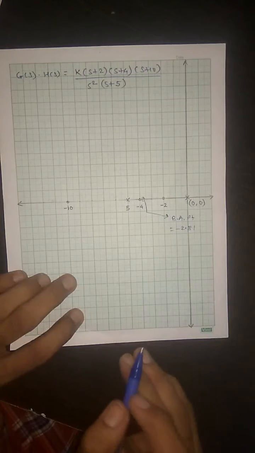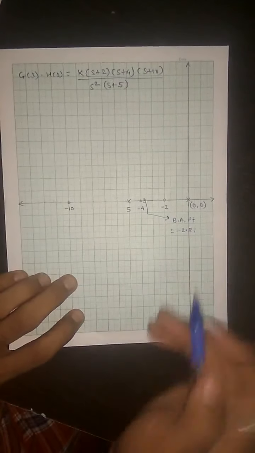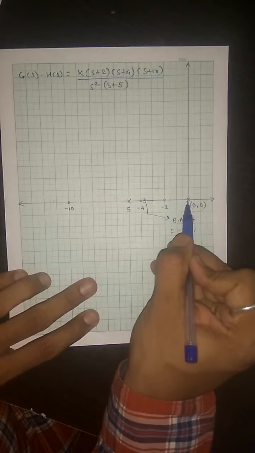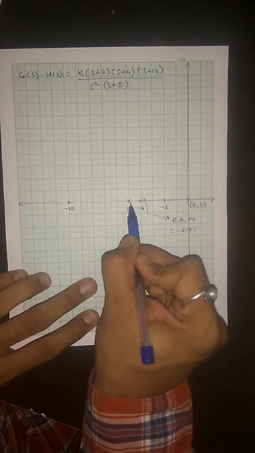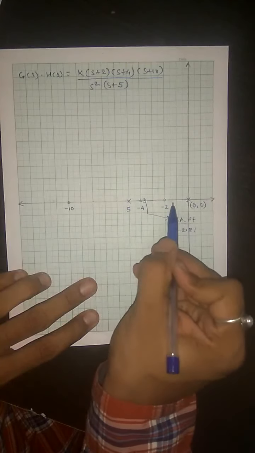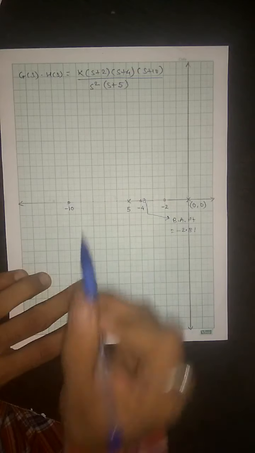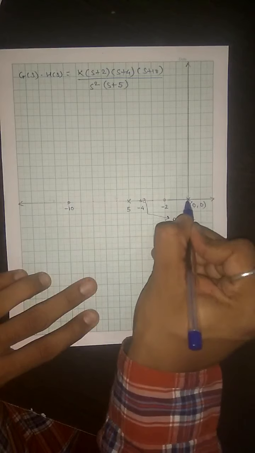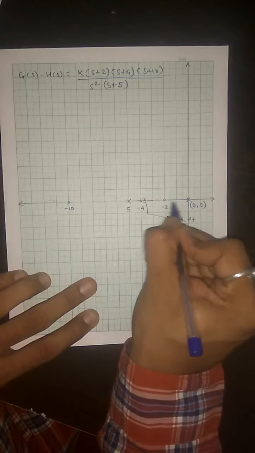Now, starting with the root locus. Root locus always starts from a pole, so two poles are here, one pole is here, and three zeros are here. This is a non-root locus region and this is again a non-root locus region.